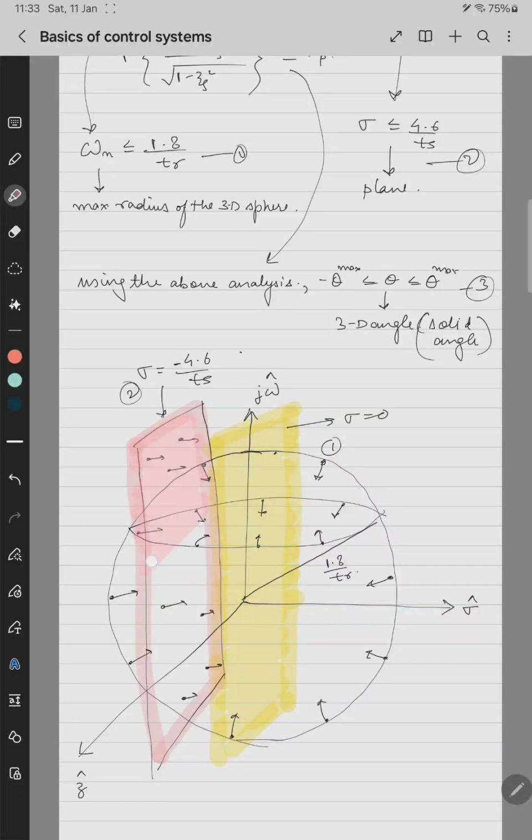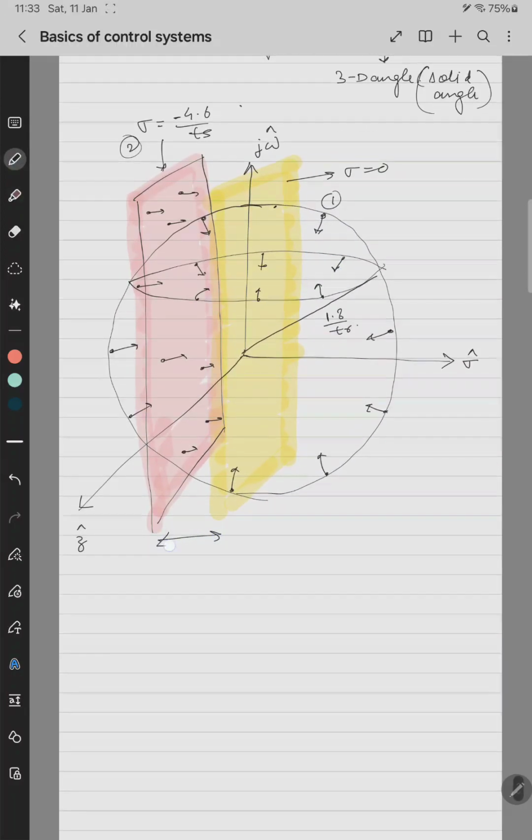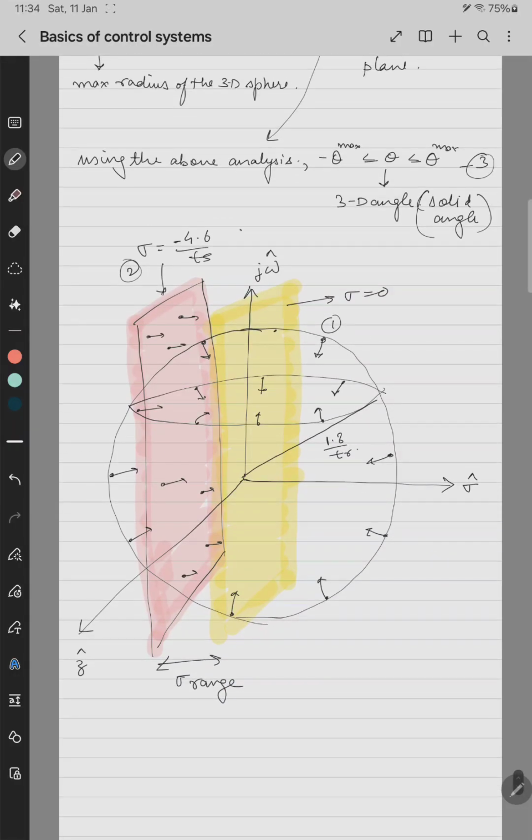This pink one is the minus 4.6 by Ts plane. So our sigma will be between these two planes, and inside this sphere.